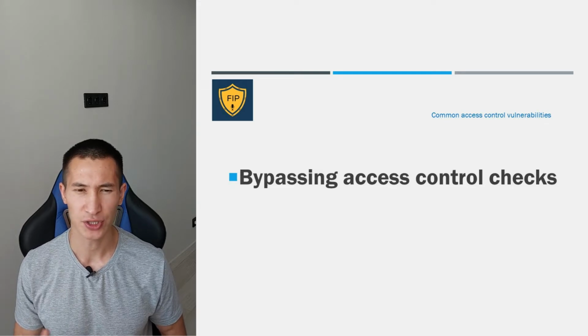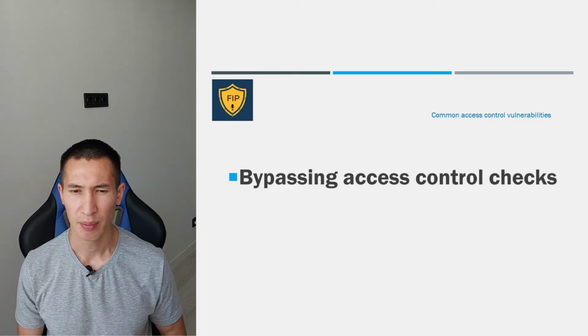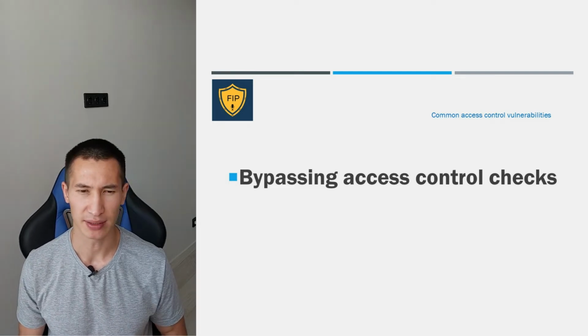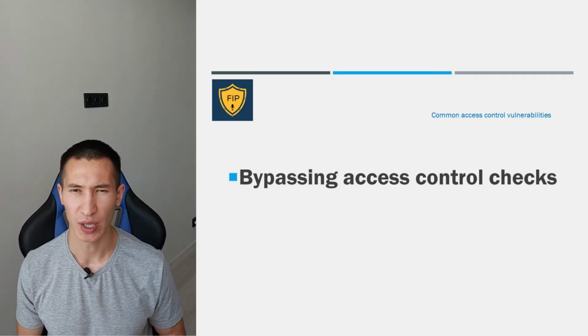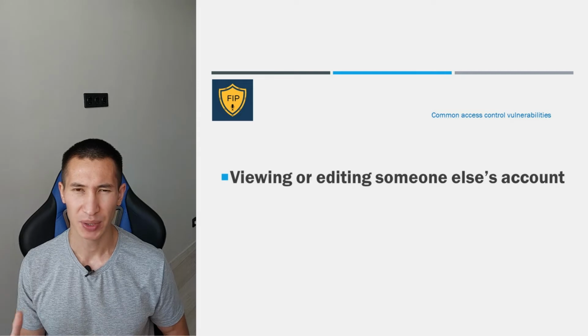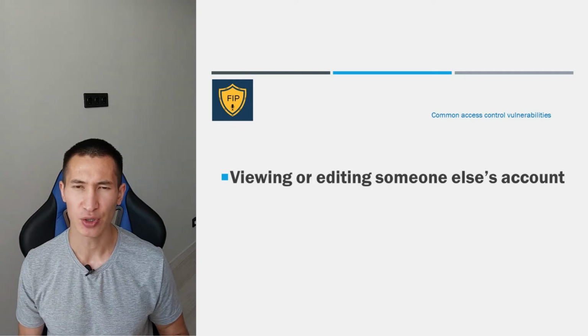Bypassing access control checks by modifying the URL, parameter tampering or browsing, internal application state or the HTML page, or by using an attack tool modifying API requests. Permitting viewing or editing someone else's account by providing its unique identifier, insecure direct object reference.